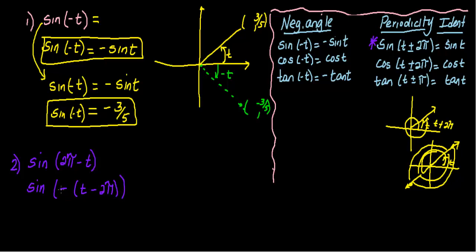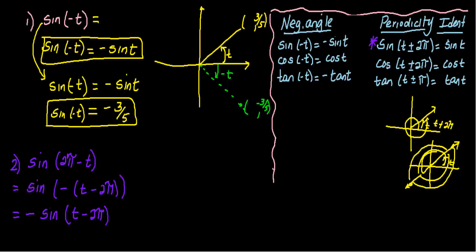What I did here is I factored out a negative, and now this looks like the identity that I had originally. Now I take this negative and I say to myself, well, this is a negative angle identity that I've created here. And it says that the sine of the negative of this angle should be equal to the negative of sine of t. So let's write that. This is going to be equal to the negative sine of the angle, which is t minus 2 pi.